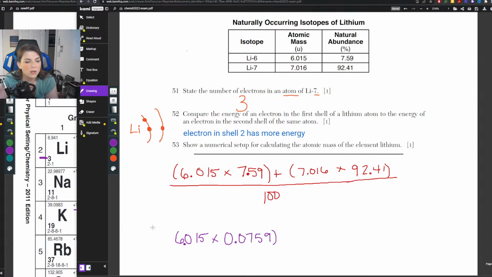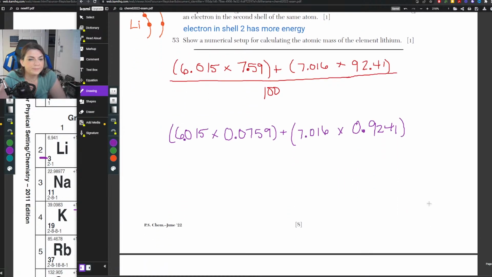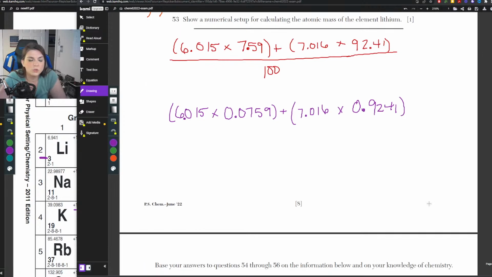Add that to the next isotope. Its mass, 7.016 times the 92.41 divided by 100. And that's it. You don't have to solve it. They're just looking for the setup. And that's all you would need there. Either of those 2 answers.